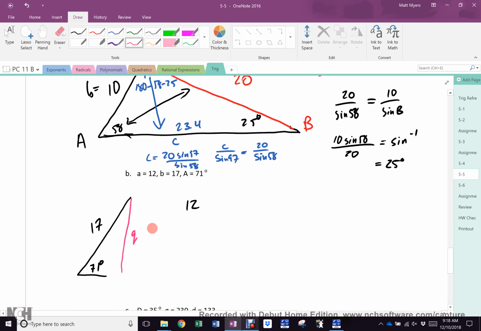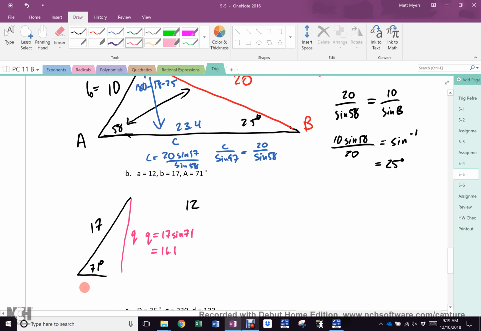What is Q? 17 sine 71, correct? Which is what? 16.1. Everybody cool? Now, this side is 12. Is that less than 16.1?